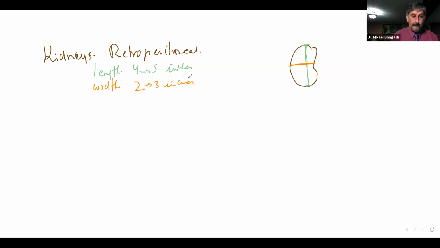And if you place the kidney and look at it like this, then this dimension here is going to be the thickness. And that normally is 1 inch.